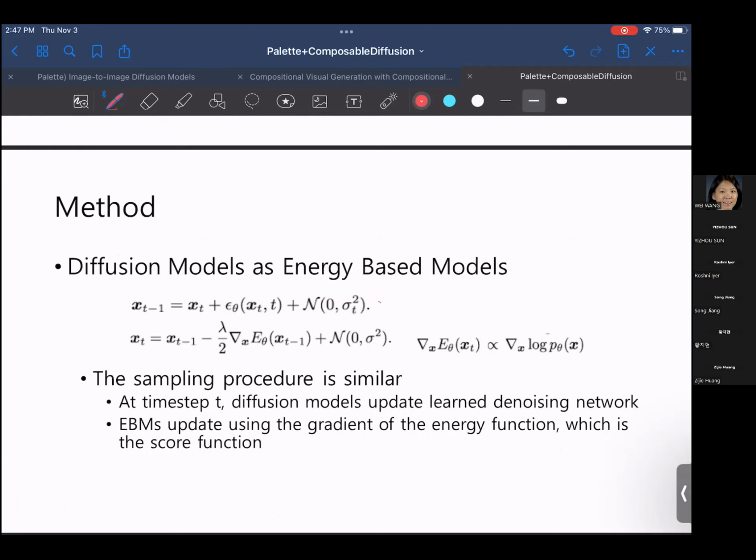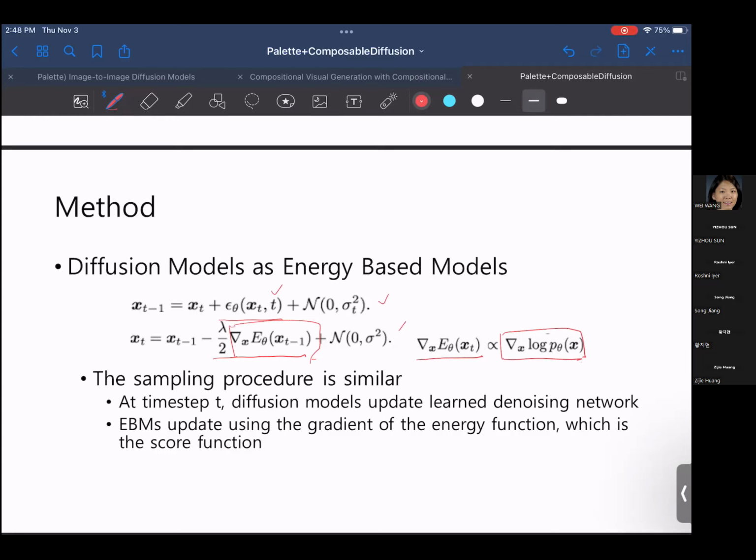So when you look at these two equations, you can easily see that the only difference in terms is this part and this part. This is normally what we want to optimize in terms of diffusion models. And when you look at the energy-based model, this term itself is proportional to the score function that we always see in denoising diffusion probabilistic models.